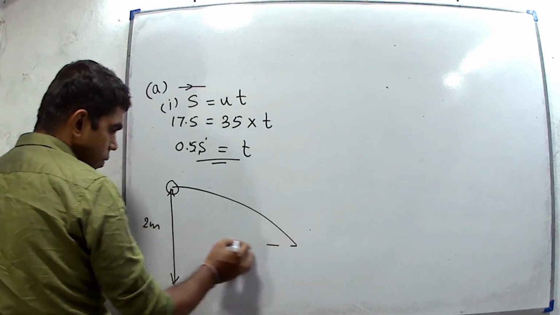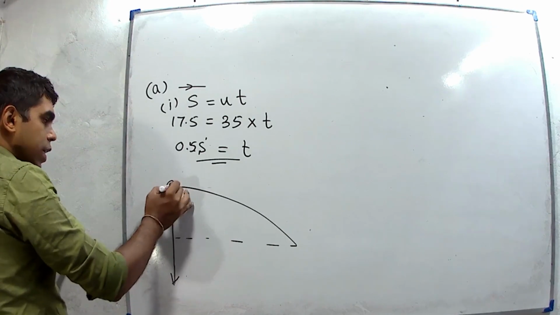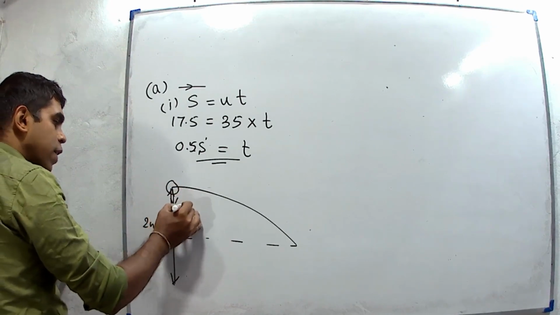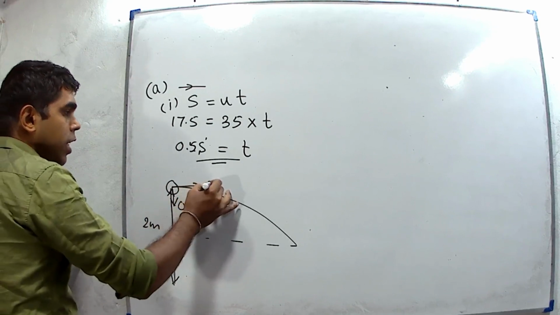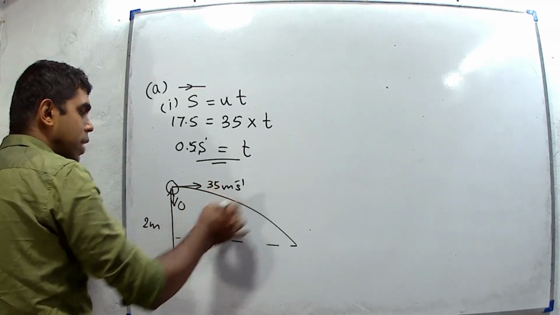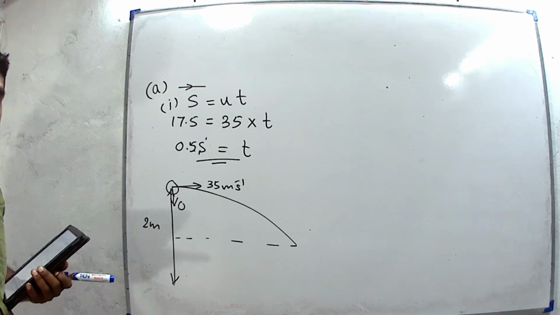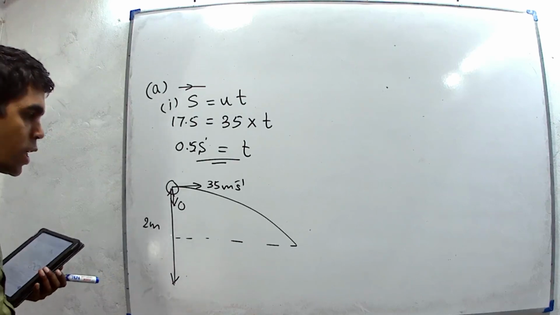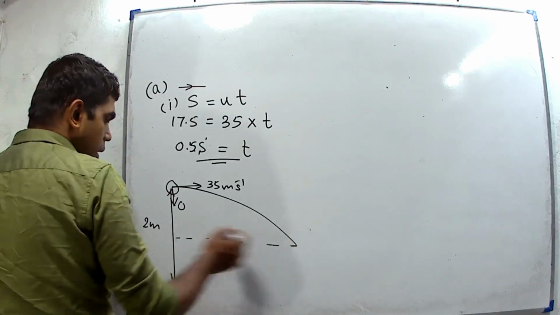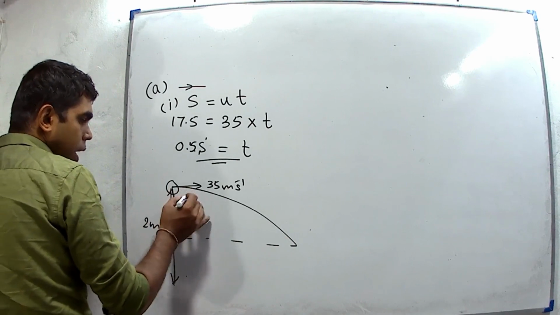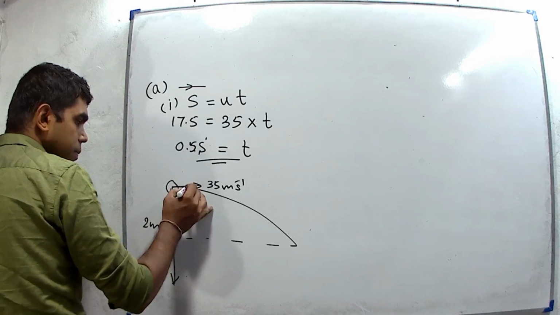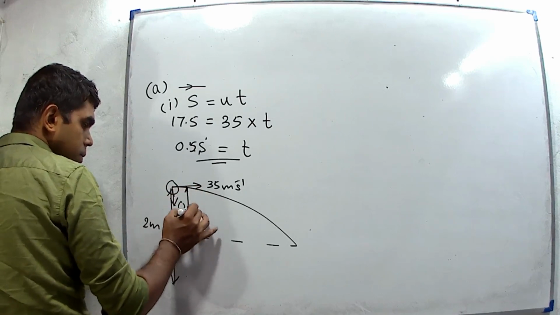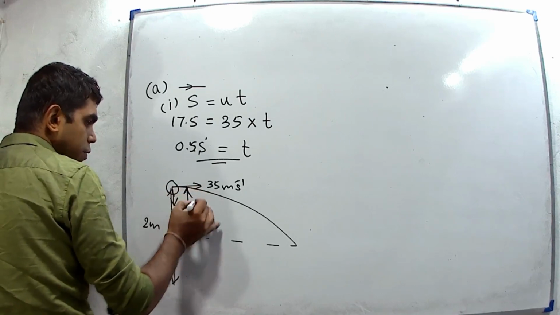There is a horizontal velocity of 35 meters per second, but there is no vertical velocity. Initial vertical velocity is 0. We have to find this height, I will consider this height as y.